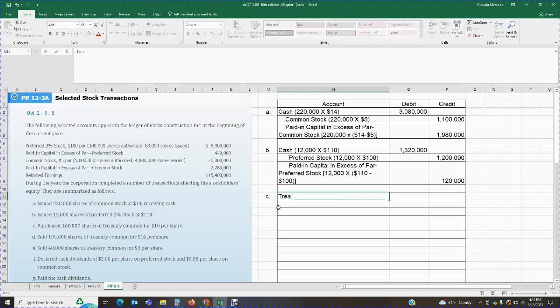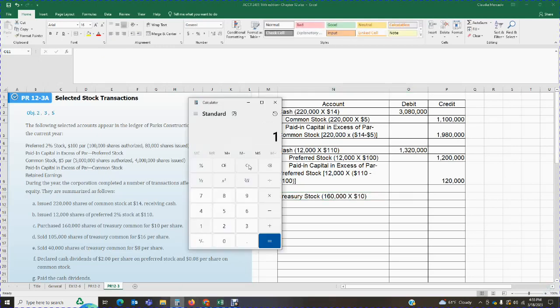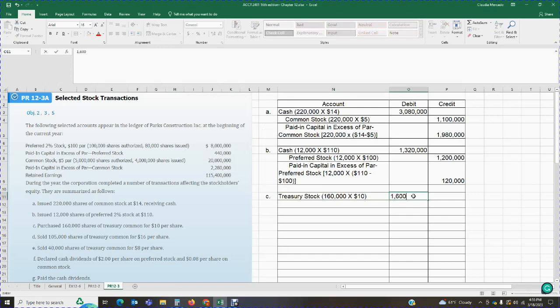So what did we obtain? Well, we bought some Treasury stock. We got 160,000 shares at $10 a share. So 160,000 times $10, that's $1.6 million. And we purchased this treasury stock for cash.